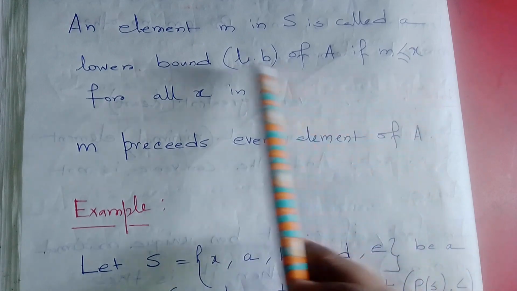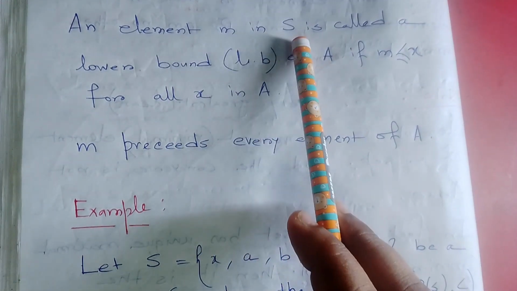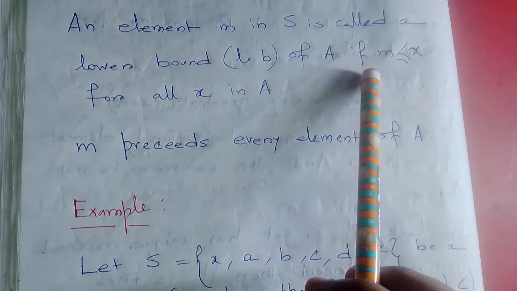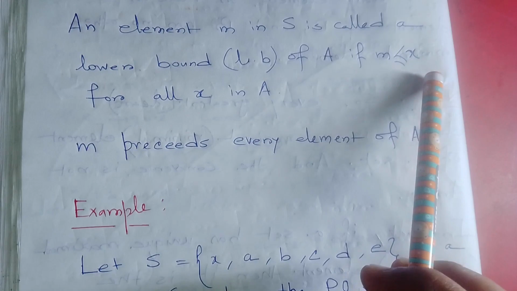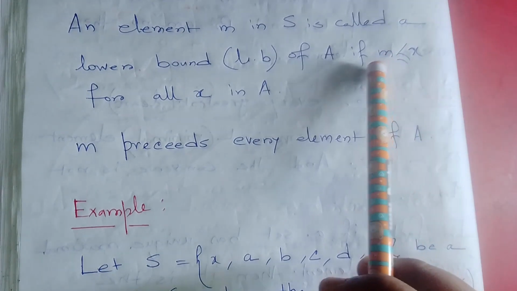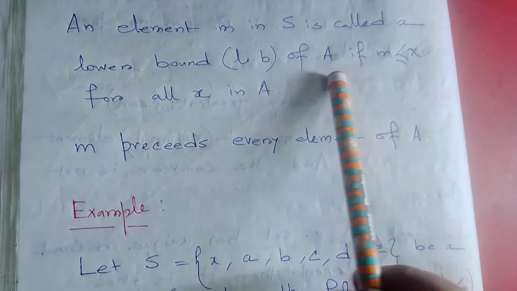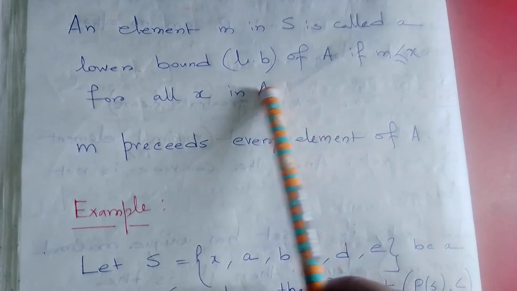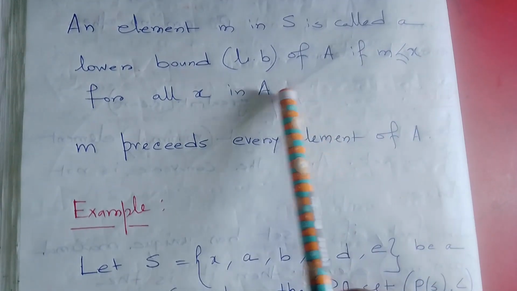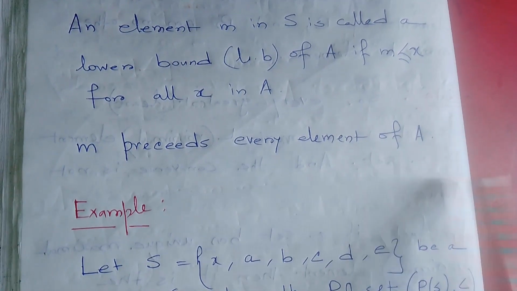There exists an element M in S, and that M is less than or equal to x, like M is less than all other elements present in A. So that is the lower bound of A, and M precedes every element of A.